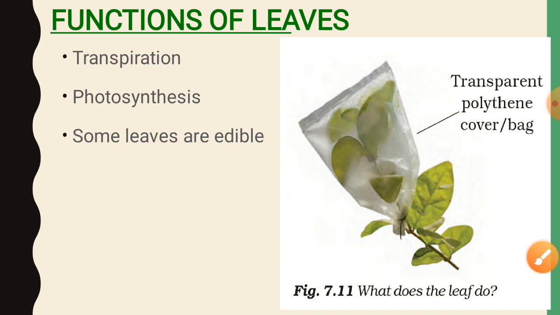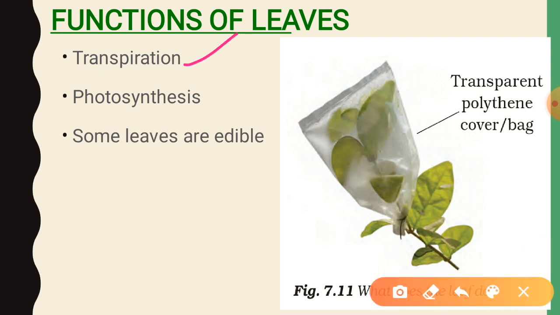function of leaves. We will understand what are the various functions which a leaf performs. Students, first of all you can see here transpiration. Look, transpiration is a process of loss of water from the surface of leaf in the form of water vapor.